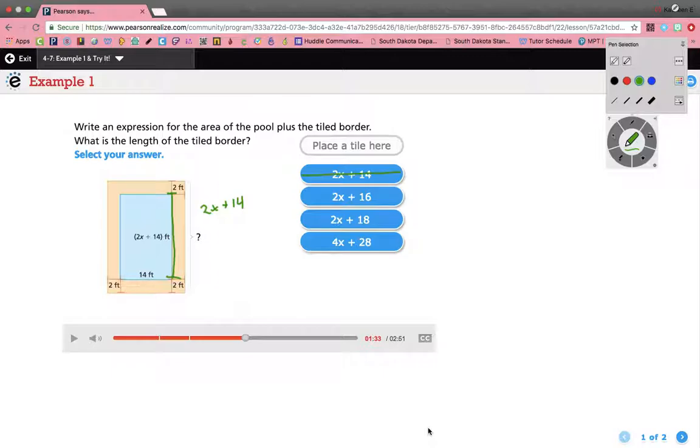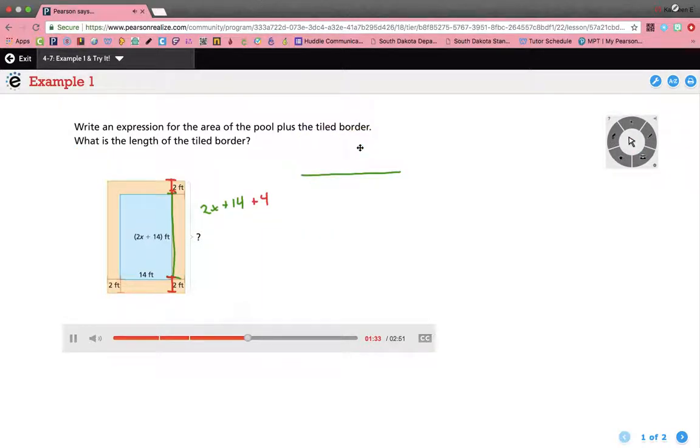There's another 2 feet here and 2 feet here, so a total of 4 feet. So we're going to add 4. The length of the tiled border is 2x plus 14 plus 4. 14 plus 4 are constants, they are like terms. 14 plus 4 is 18. So it's going to be 2x plus 18.